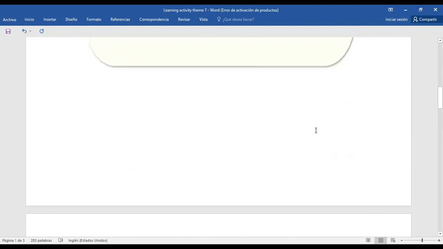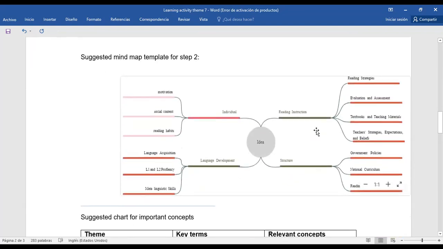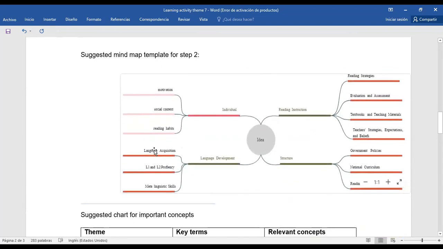Let's see, I include here an example of a mind map, okay? So this is only a suggestion. There are some options. Here the research was about language development and reading, but they divided it in that way. For example, individual aspects, motivation, social context, reading habits.